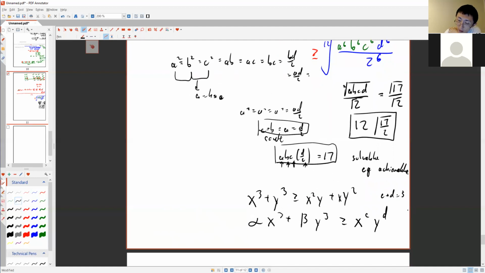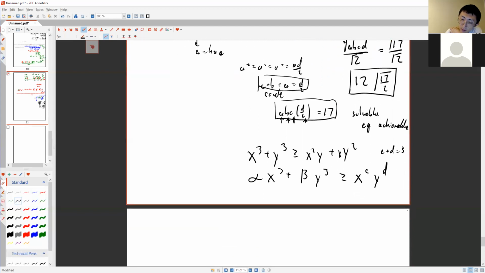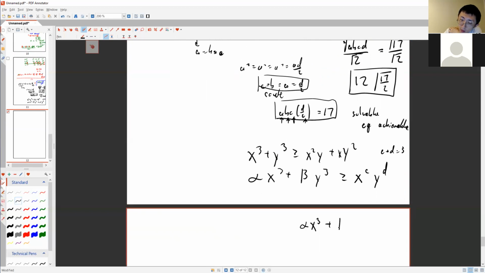So I guess the way you do it is, maybe we should assume alpha plus beta is 1. That's fine to assume, to scale it like that.